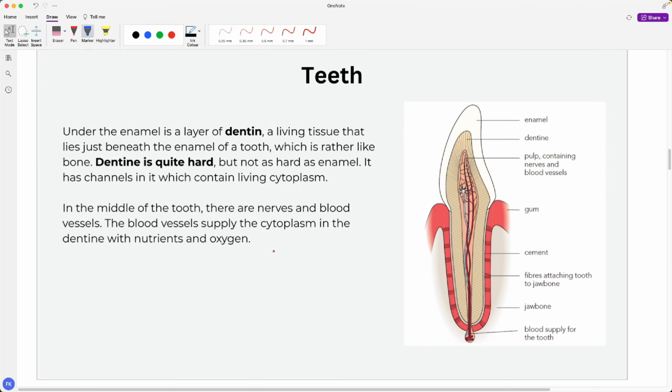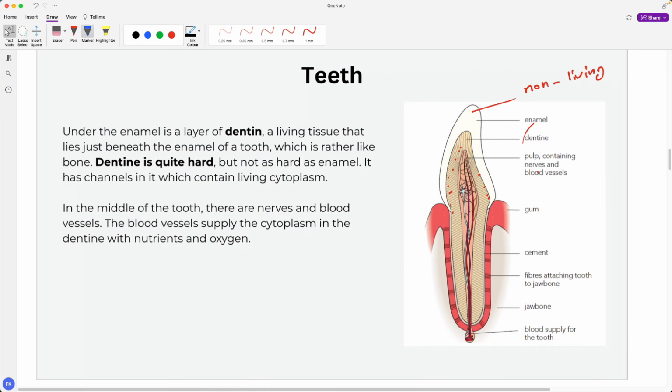Now let's move on to the next part of the teeth, called dentine. Dentine, as you can see, this structure is dentine. Dentine is a living tissue. The enamel is non-living, okay? It isn't living, but dentine is living tissue rather like bone.